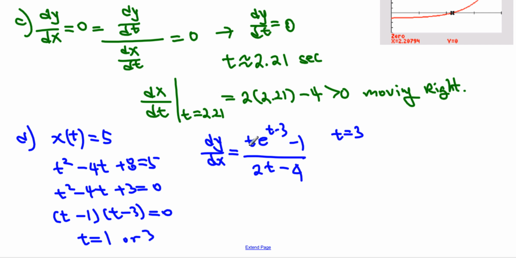So we get 3 times 1 minus 1, so the numerator is 2, and the denominator becomes 2 as well, which is equal to 1. Now, how about when t is equal to 1?